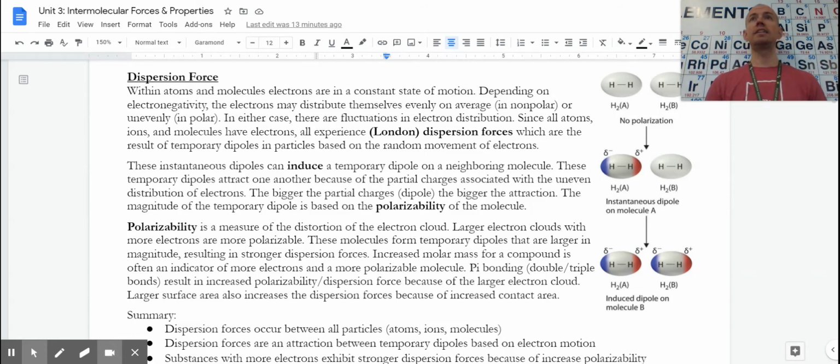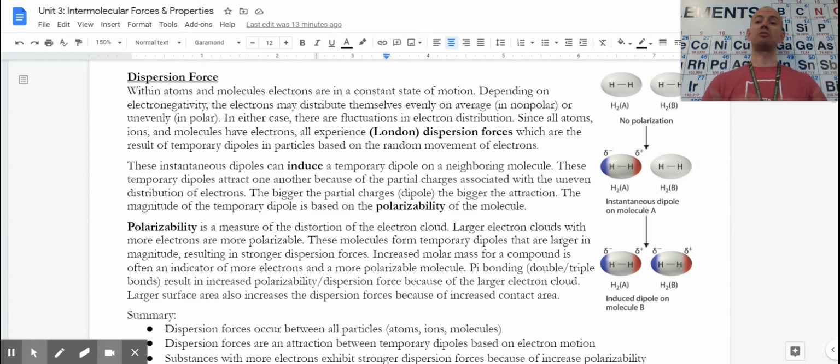And when they're aligned that way, the balloon can stick there. We can do the same thing by temporarily magnetizing something like a paper clip. In all those cases, we've taken something that we define as having no charge and temporarily moved the electrons to give them a charge. Hydrogen makes a very small dipole because we have very few electrons.